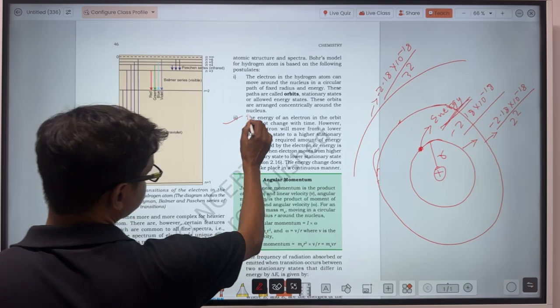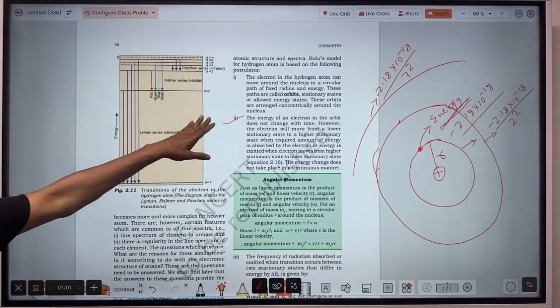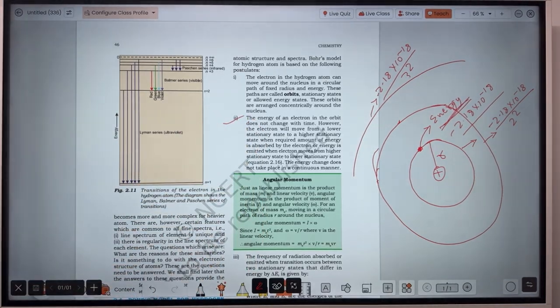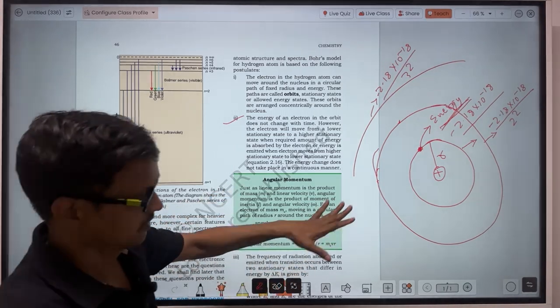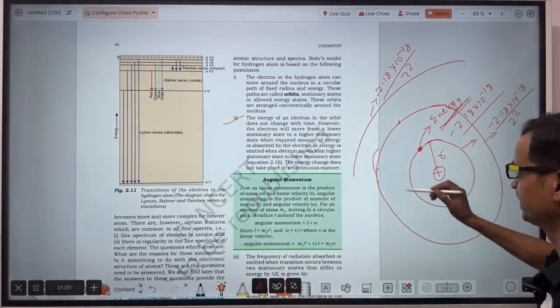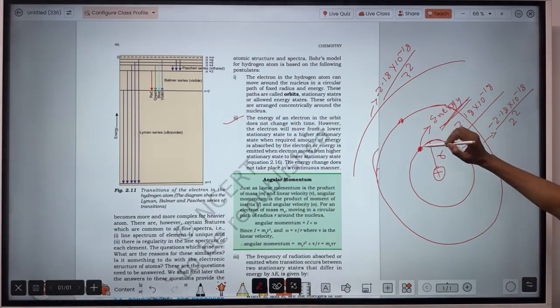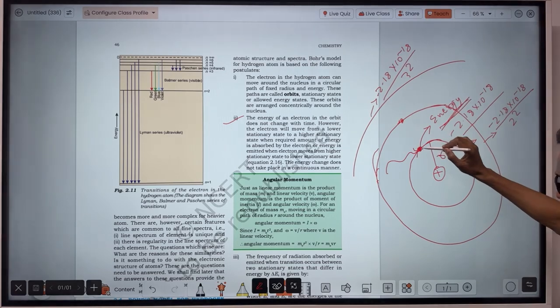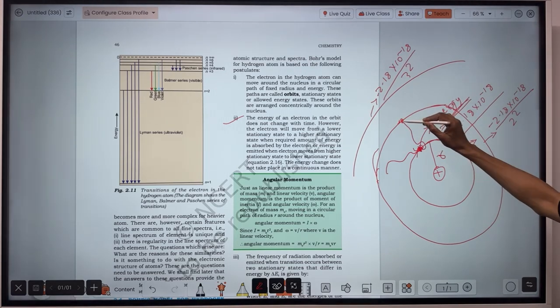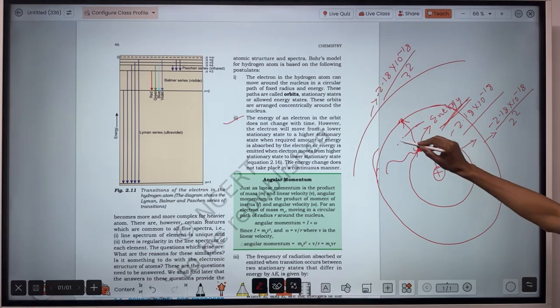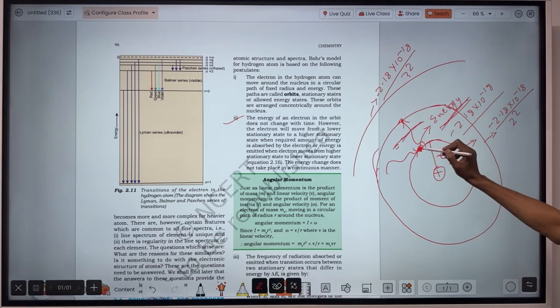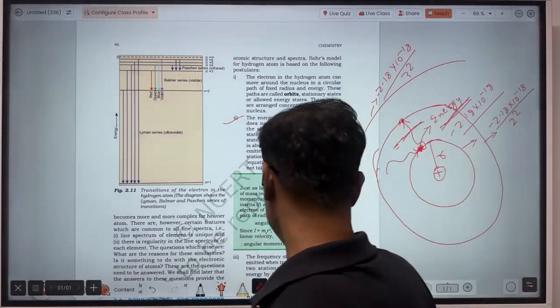Second, the energy of the electron will not change with time. If the difference of energy between the second and first levels gets absorbed by the electron, then the electron can jump into the next energy level, and there is no stationary state between the first and the second orbit.